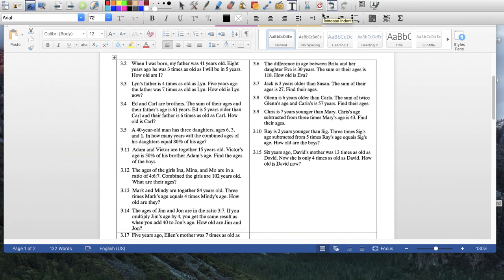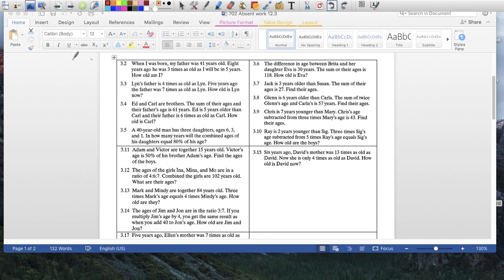3.14. The ages of Jim and John are in the ratio of 3 to 7. If you multiply Jim's age by 4, so here's what we can do. Call this Jim, this John. So ratio-wise, Jim would be 3 times x, and John would be 7 times x.